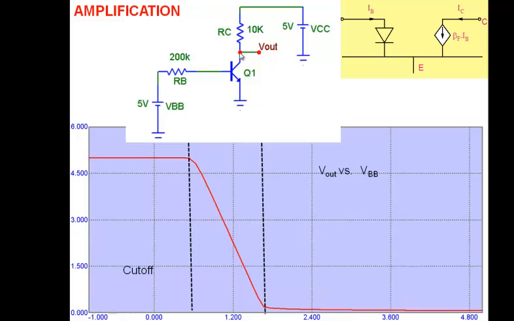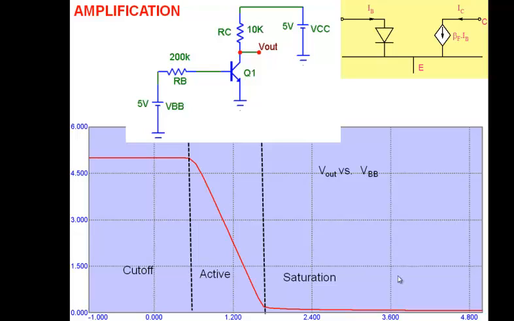The emitter is ground, so the collector emitter voltage is steadily decreasing. What do I call this region? Active mode, because VCE is larger than 0.2. Eventually, as you keep on increasing this voltage, the collector emitter voltage becomes about 0.2 or so. And the transistor goes into the saturation region.